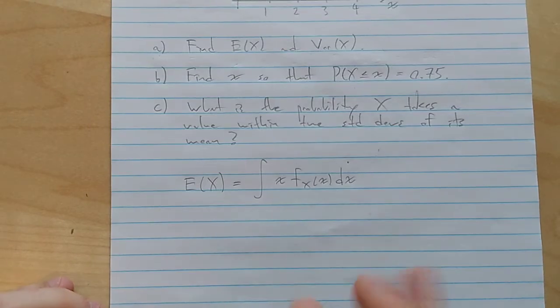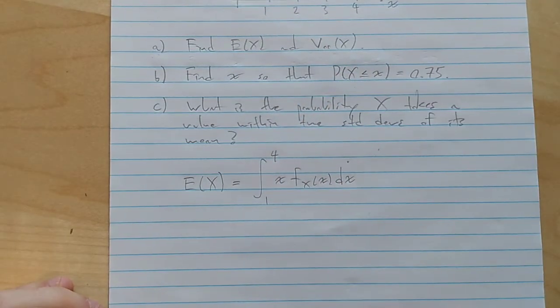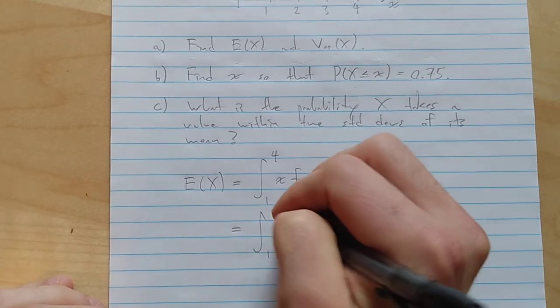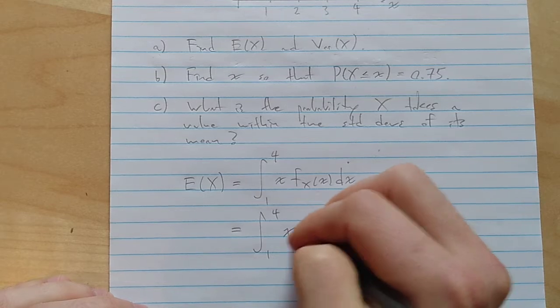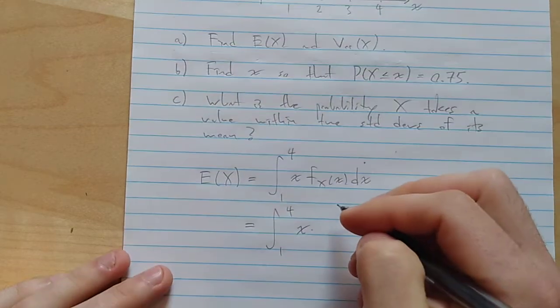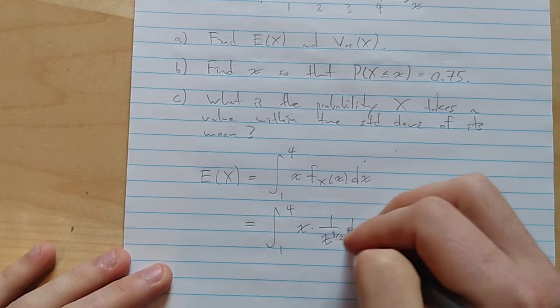So we only have to integrate from 1 to 4 because the rest contributes nothing. And so we do this integral, integrate from 1 to 4, x times our PDF, 1 over x to the 3 halves, dx.